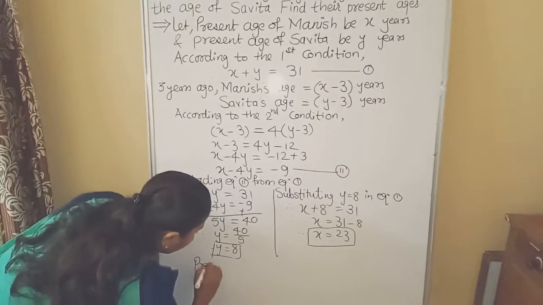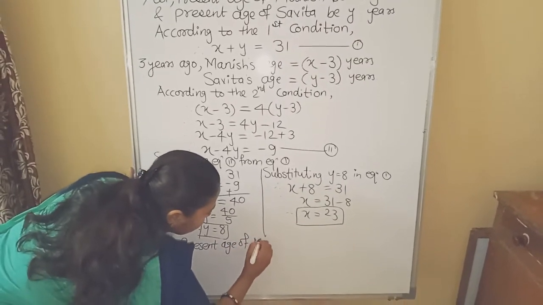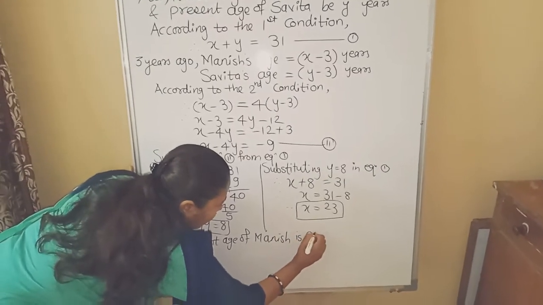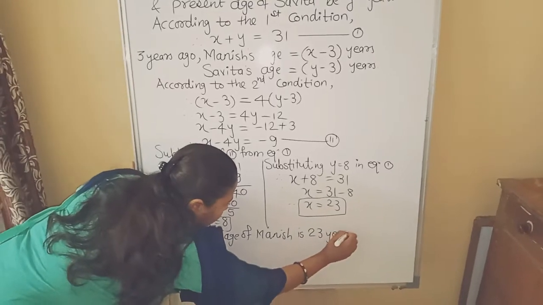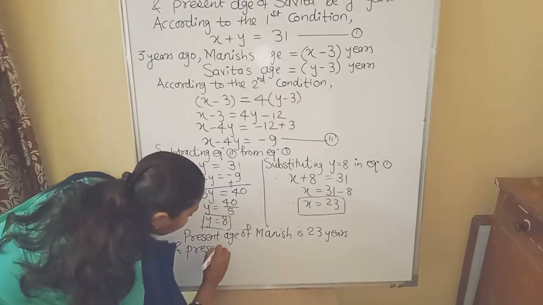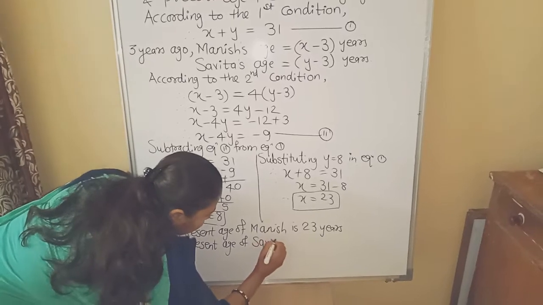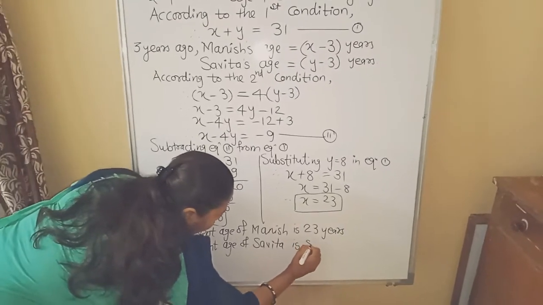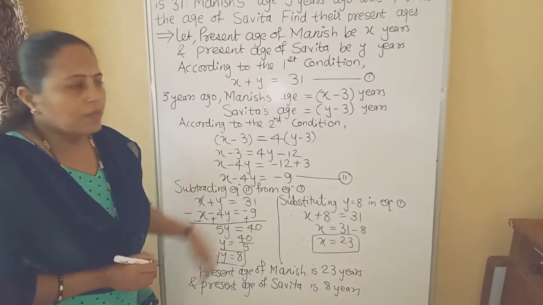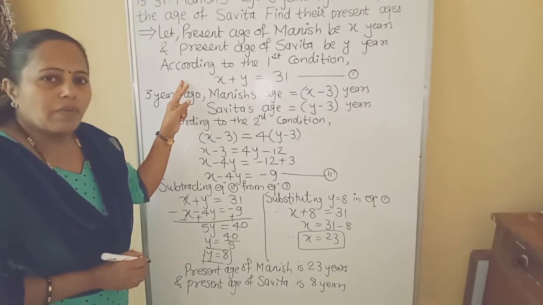Therefore, present age of Manish is 23 years and present age of Savita is 8 years. Okay students, understood? Now this way we can solve word problems using linear equations in two variables.